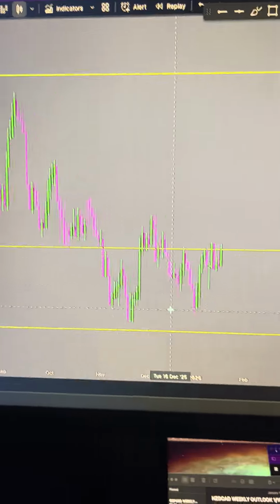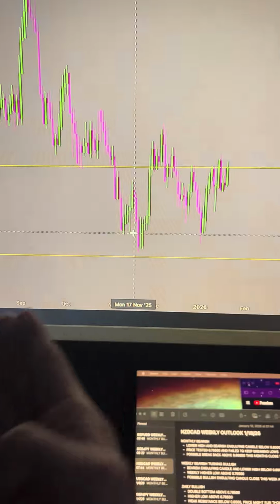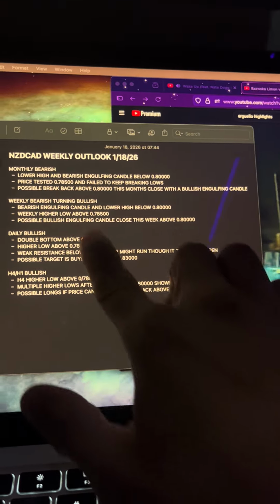Hop into the daily. On the daily, you can already see we're bullish: higher low above 0.78, double bottom above 0.78500, higher low above 0.78500, and then we have a weak resistance below 0.80. I believe I had mentioned it.